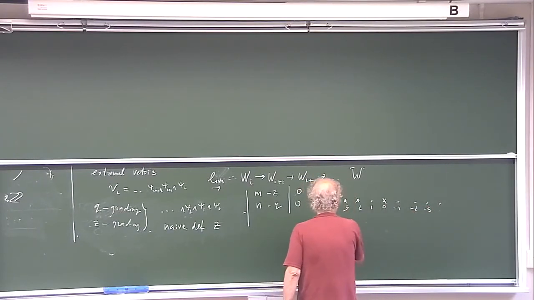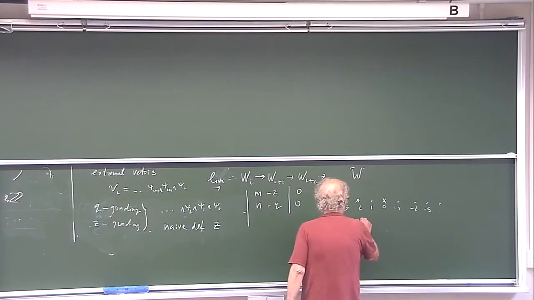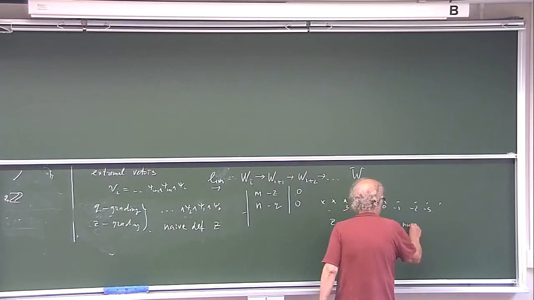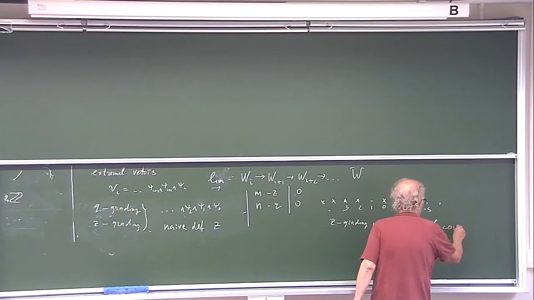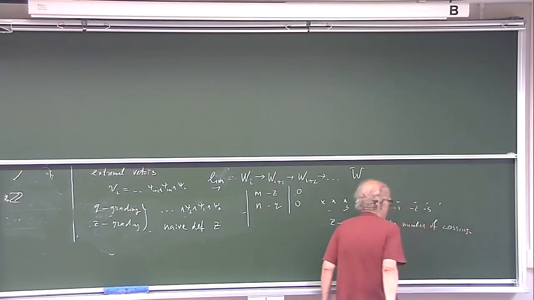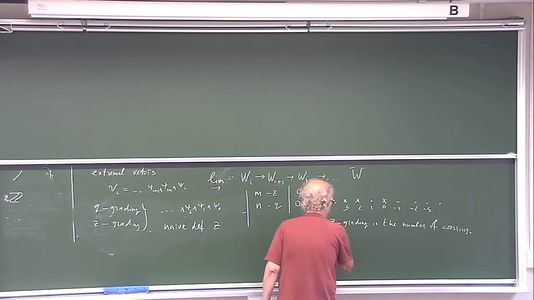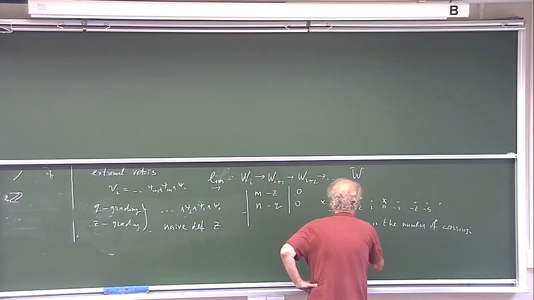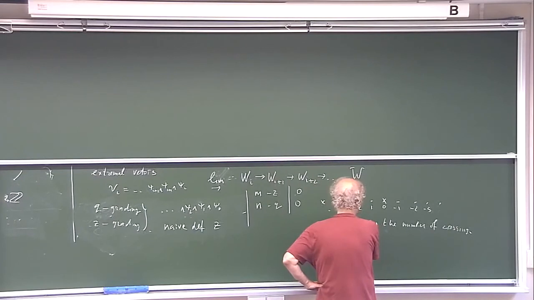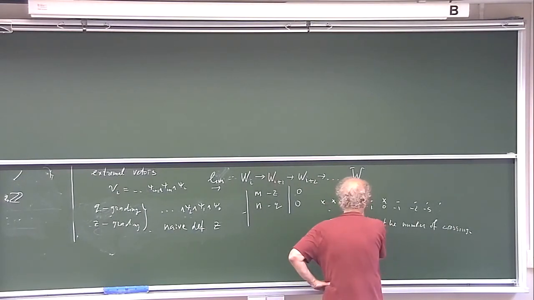And so Z grading is the number of crosses, and Q grading is a sum of these numbers which are written here.